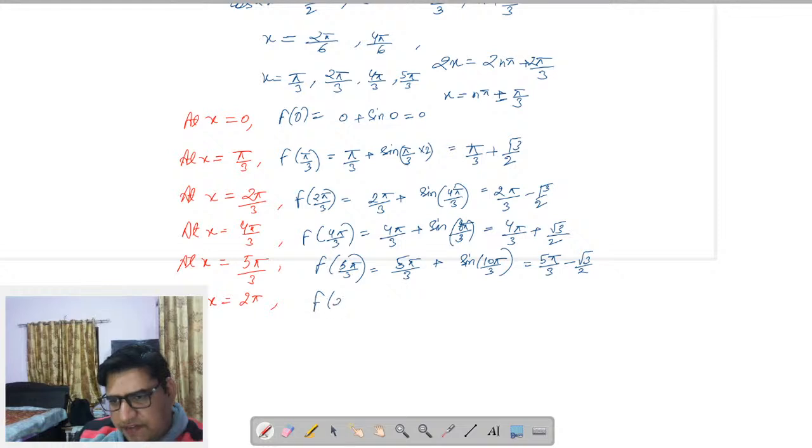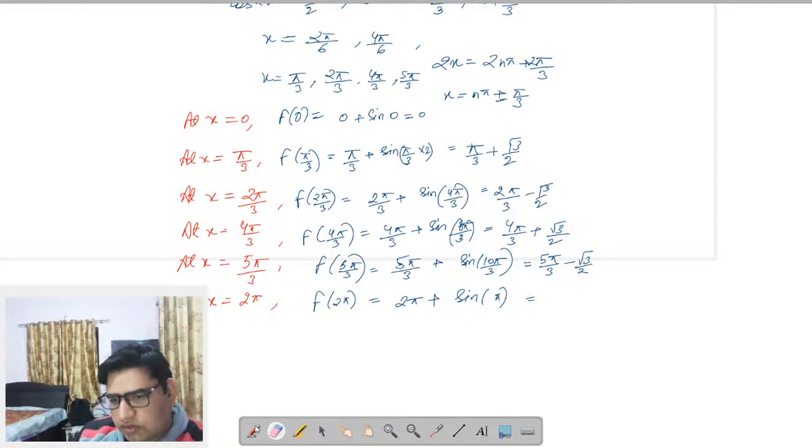And here we have f(2π), 2π plus sin 2π, okay, that will be 4π, so that will be 0 only. 2 into 2 is 4π, so it will be 2π only.